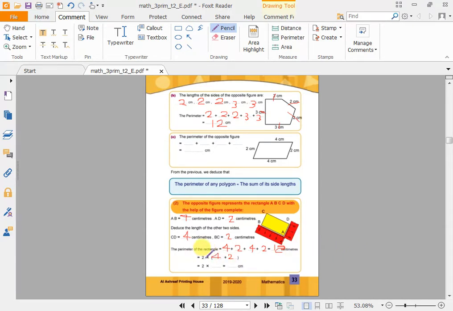So we can say that 2 times length plus width, 2 times 6 equals what? Equals 12. Great. 12 what? 12 centimeters.